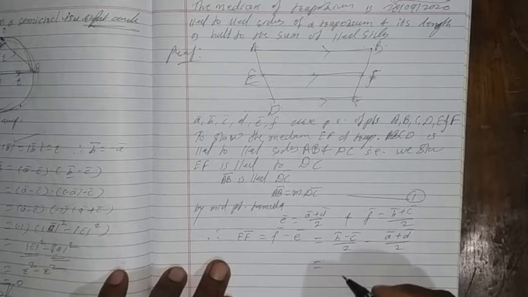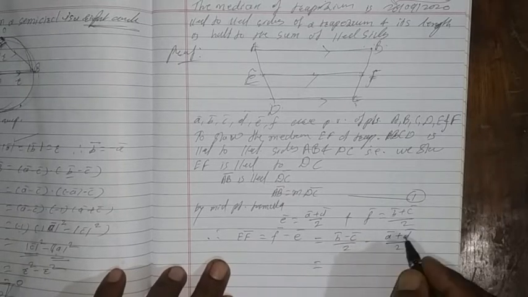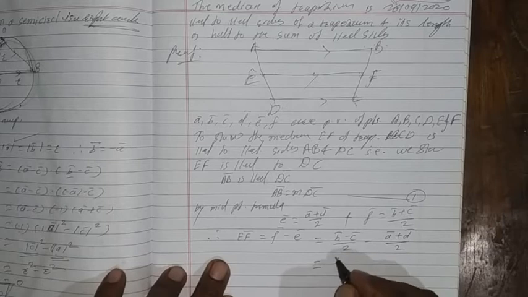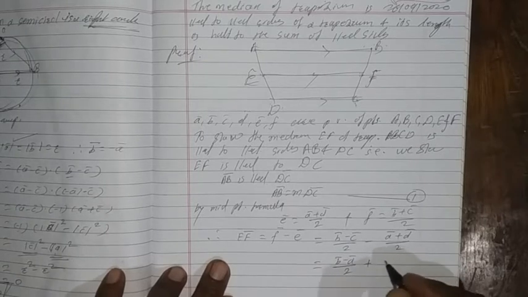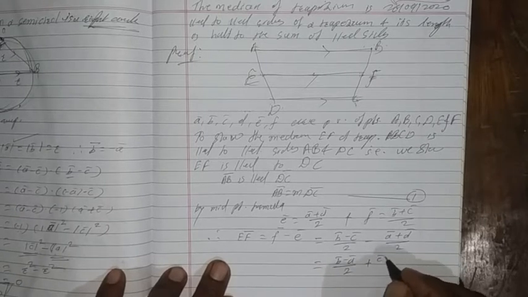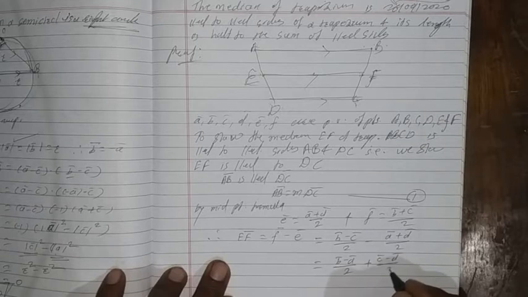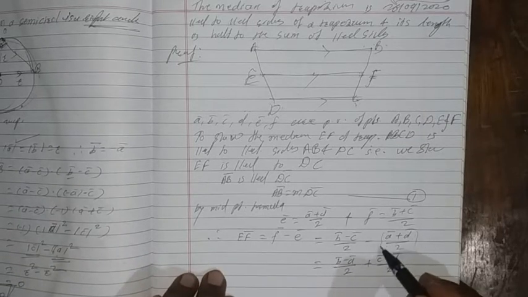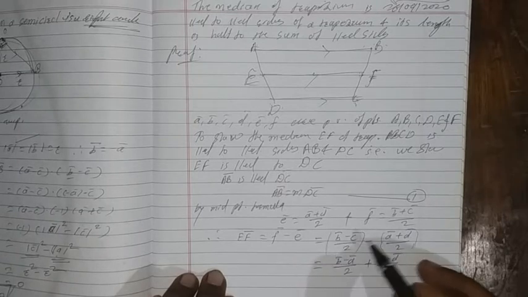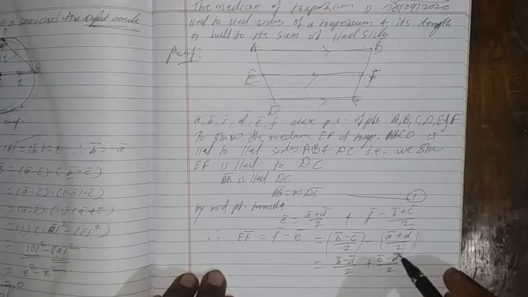This can be written as (B minus A) divided by 2 plus (C minus D) divided by 2. Since there is a minus sign here, we put the bracket.